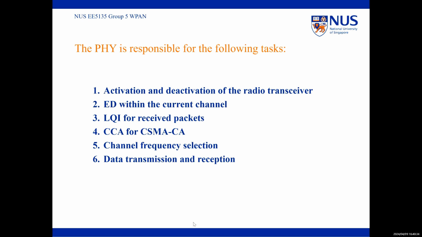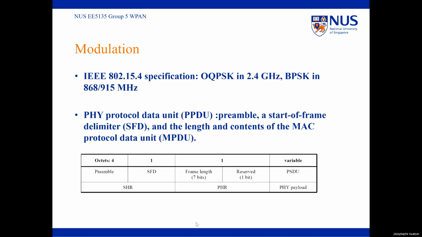So for the next few minutes, I will introduce the modulation in this physical layer. The physical layer modulation is based on this standard and it operates OQPSK for the 2.4 GHz signals and BPSK for the 800 to 900 megahertz signals.